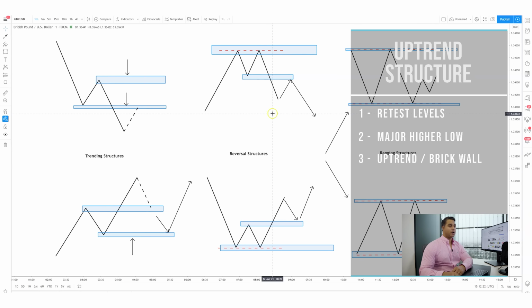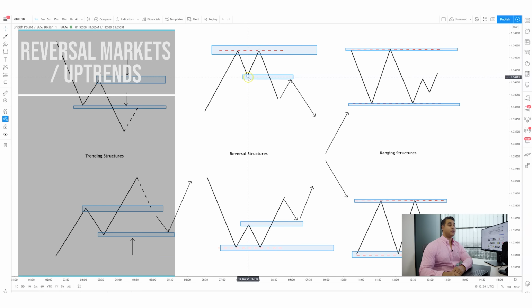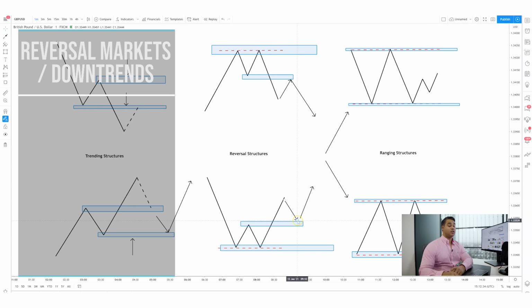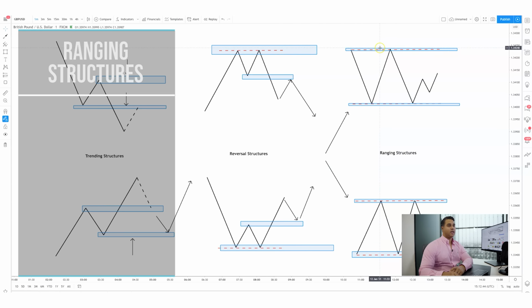For reversal markets, your key levels are going to be the break and retest of the major higher low in an uptrend or the major high. And in a downtrend, your key levels are going to be the retest level of the previous lower high or the major low. And for your range markets, your major key levels are going to be the highs and the lows.